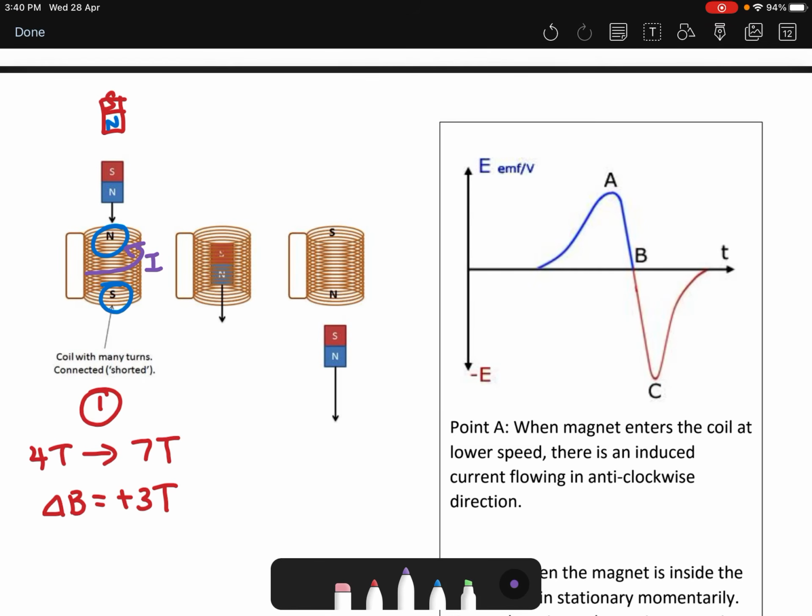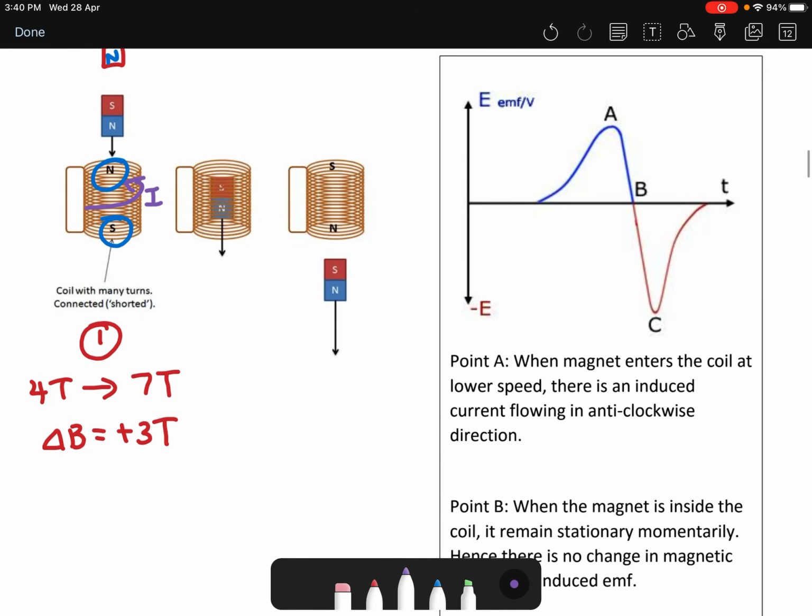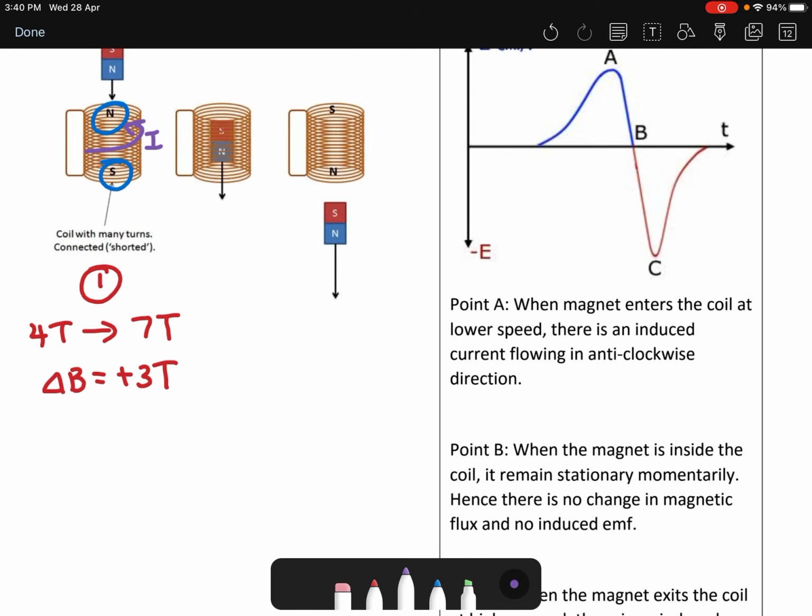Then after that, when the magnet is inside the coil, there will not be any change of magnetic field momentarily, just for a short while. That's why there's no induced EMF for case number 2, or point B. After that, when the magnet comes out of the coil, the coil initially experienced maybe 10 Tesla when the magnet was inside.